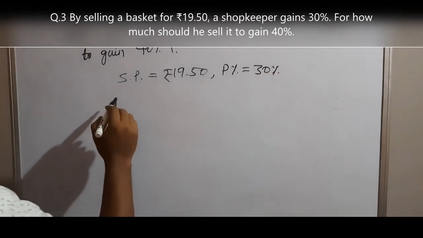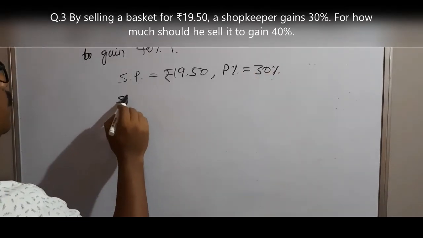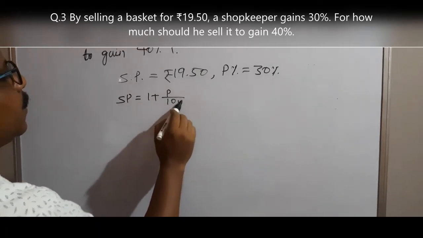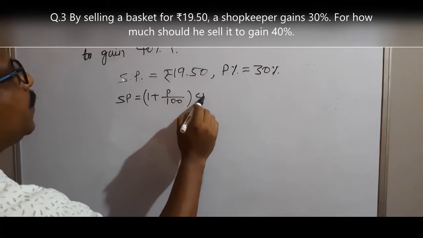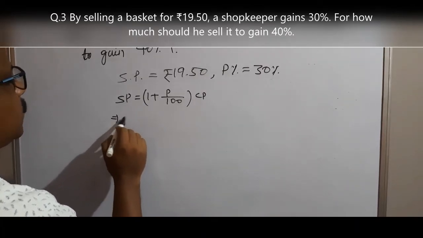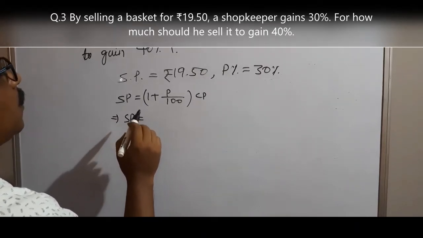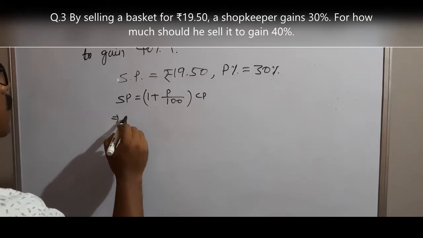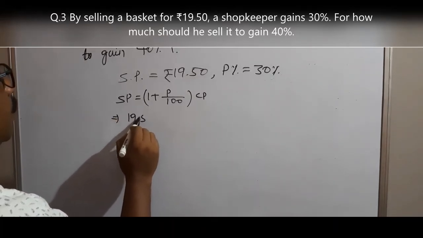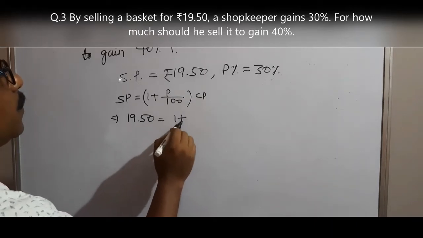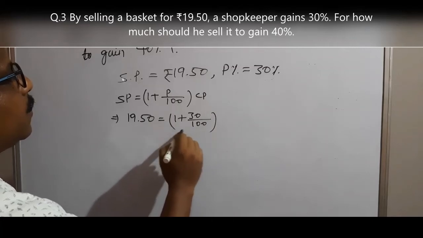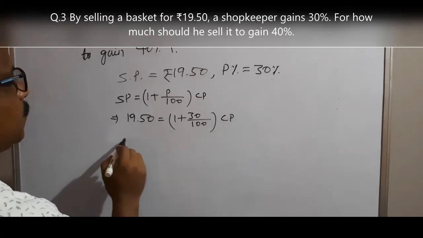So now use the formula SP is equal to 1 plus profit by 100 into CP. So write here the values. SP is 19.50. 1 plus profit, given 30, by 100 into CP.